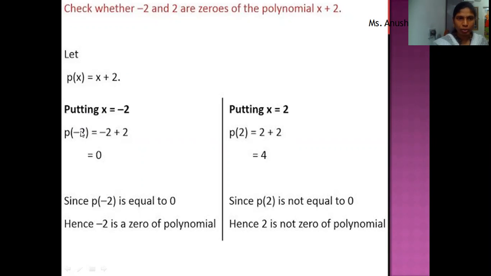So p of minus 2 equals minus 2 plus 2, which is equal to 0. So obviously minus 2 is a zero of the polynomial. Again, check by putting x equal to 2. So p of 2 equals 2 plus 2, which is equal to 4, which is not equal to 0. So x equal to 2 is not a zero of the polynomial. So minus 2 is the only zero of the polynomial, but 2 cannot be a zero of the polynomial.